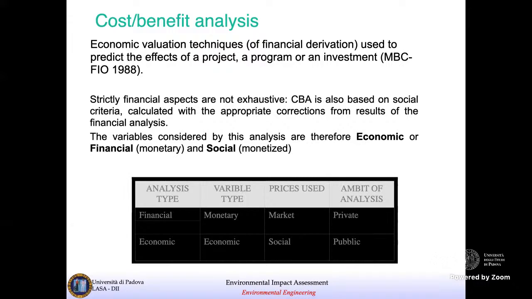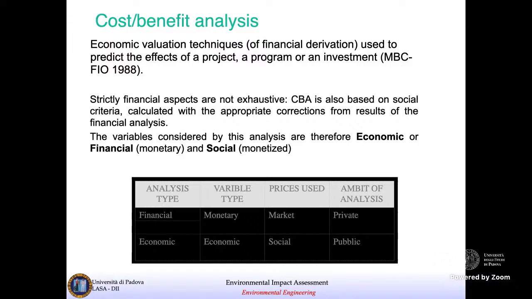So we may distinguish two types of analysis: financial analysis, in which the variable type is monetary, for example, dollar, or economic analysis, in which the variable type is somehow a more elaborated indicator, classically GDP, so gross domestic product.